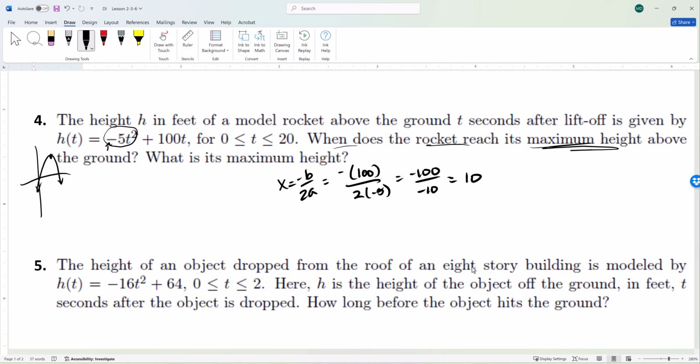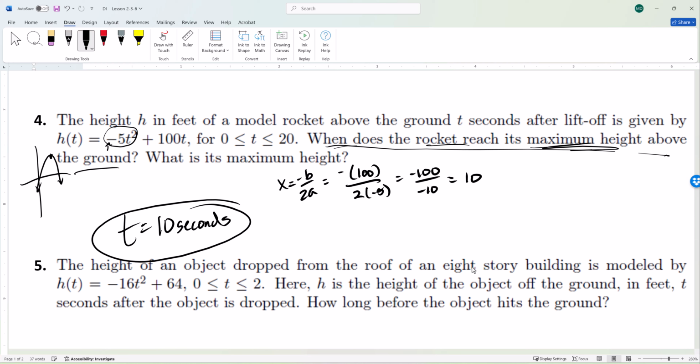So it says, when does it reach the maximum height above the ground? And that's going to be time equals 10 seconds. Now, what is the maximum height? Okay, so now I got to plug the 10 back in. So that's 500. And then it says height in feet, so 500 feet.